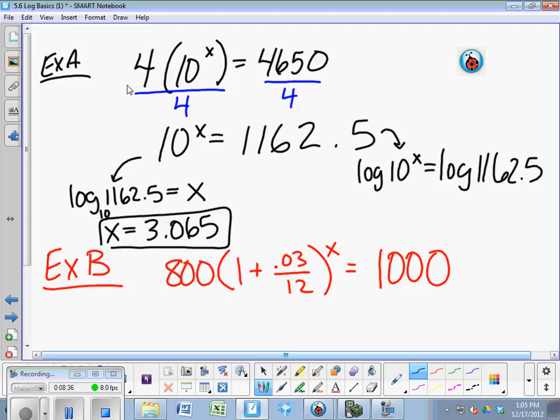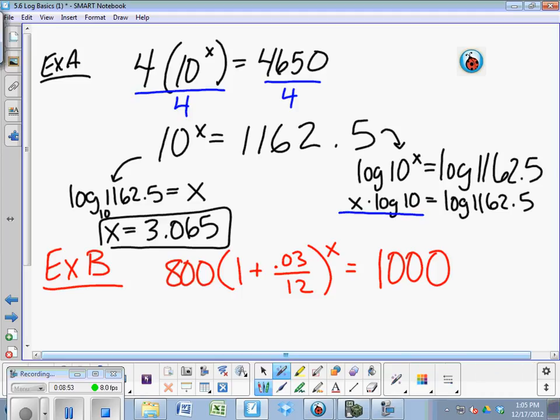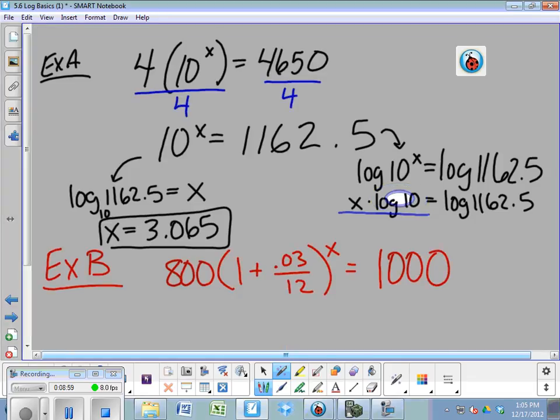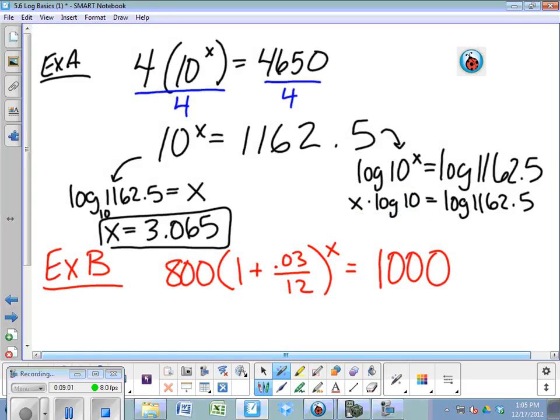Method on the right. The x comes down. Now, normally, in the next step, you would divide both sides by this. It's not necessary here, because what is the log of 10?